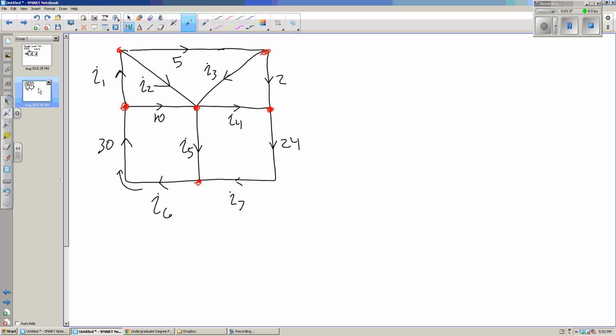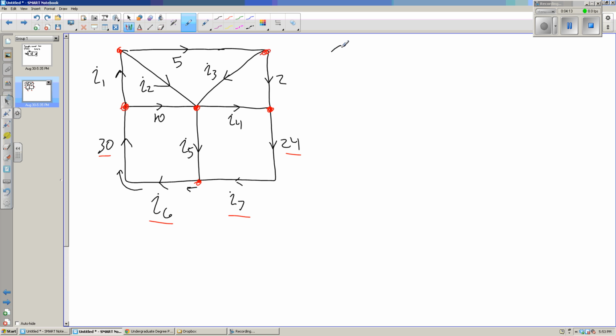To start with, looking at this circuit, I see two unknown currents that are really easy to guess: I6 and I7. The reason is they are on the same branch as two known currents, the 30 and the 24 here. Although the current flows out from a node here, it doesn't go anywhere. So we know that the 30 also must be I6, and the same for I7.